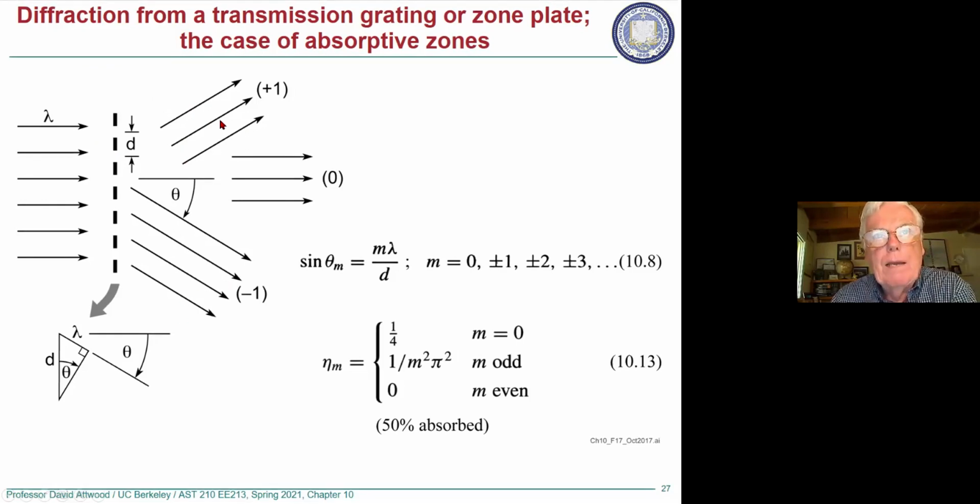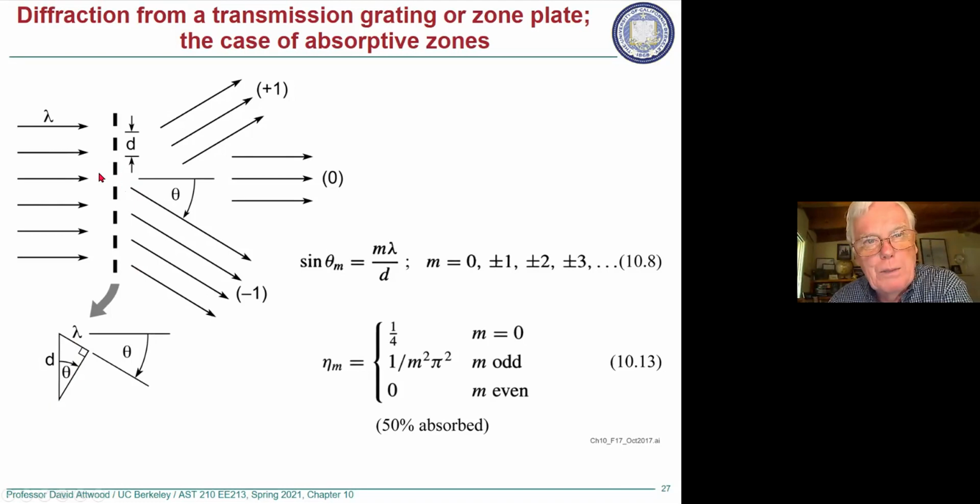Okay. If you look for where there is constructive interference at some angle like this one, the radiation coming through each of these openings has to add up constructively at some angle. What is that angle where the extra path length from this one going up to this one is exactly a wavelength? That would lead to constructive interference. So you make this diagram.